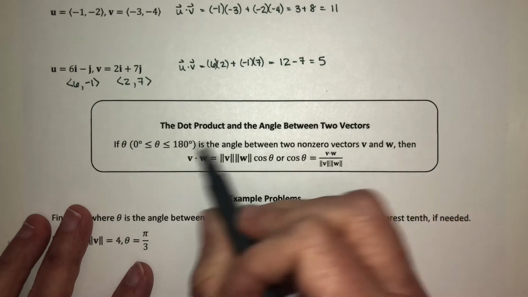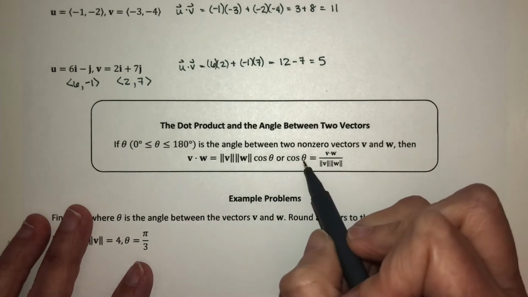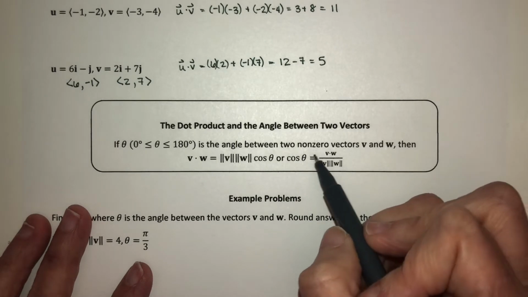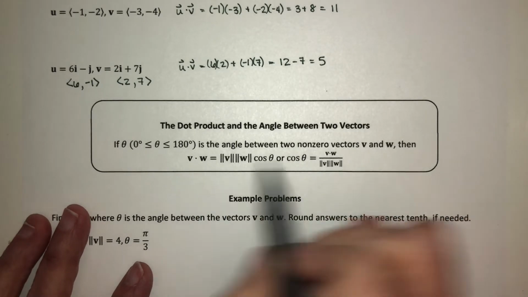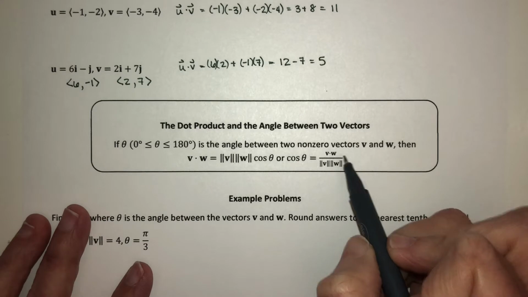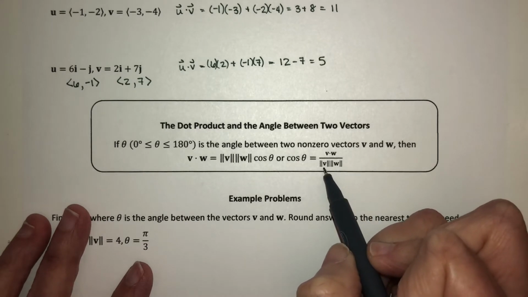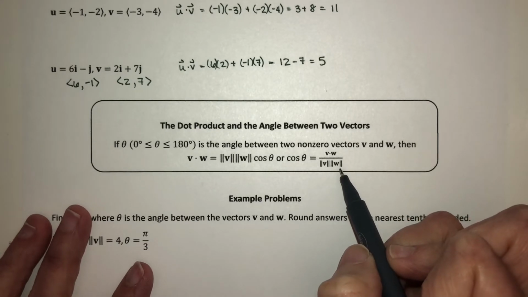Or solve this for cosine of theta if you're going to be looking for your angle value, and it's simply v dot w divided by the magnitude of v times the magnitude of w.